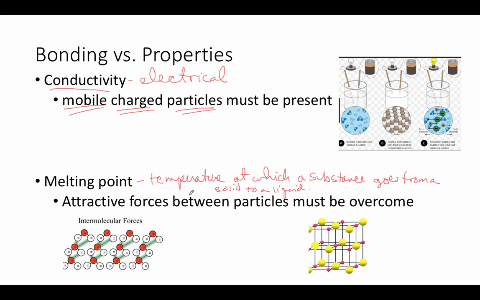In order for something to go from a solid to a liquid, attractive forces between the particles have to be overcome by the movement or kinetic energy of those particles. As I warm up particles, as I heat them up, add energy, the kinetic energy increases, to the point that that movement overcomes these attractive forces.